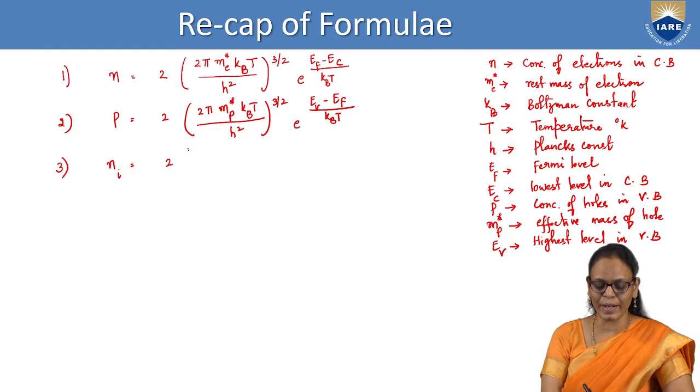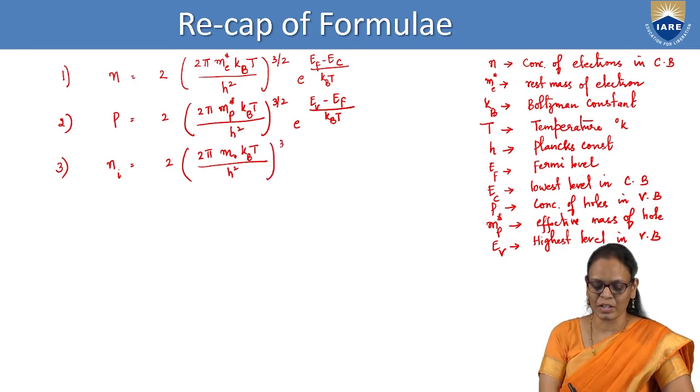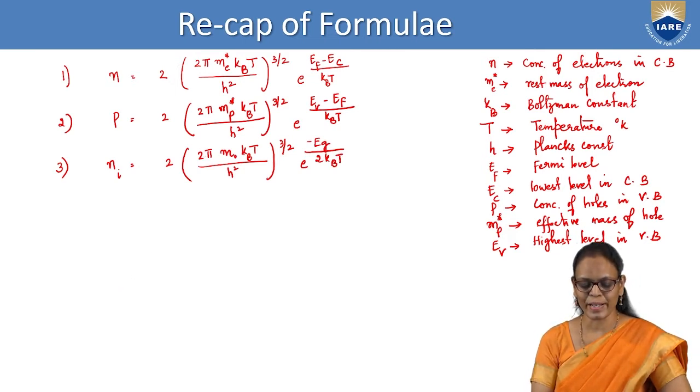So ni is equal to 2 into (2 pi m0 kBT by h square) power 3 by 2 into e power minus Eg upon 2kBT. Here I write m0, which is the rest mass. 2, pi, kB, h, m0, all these are constants.